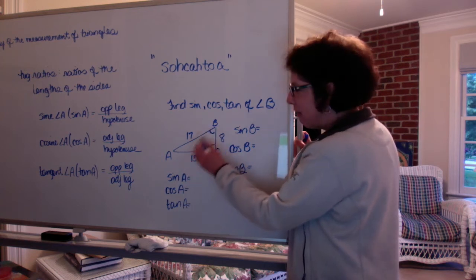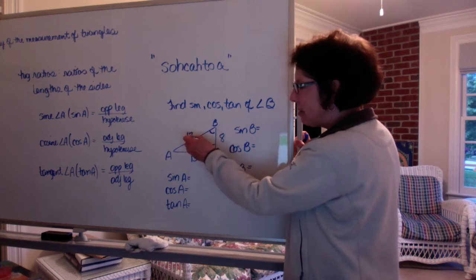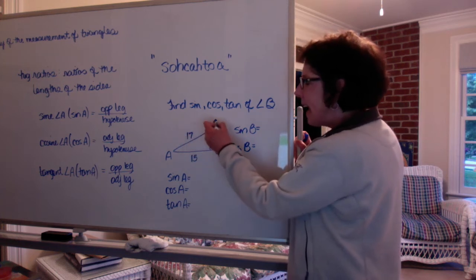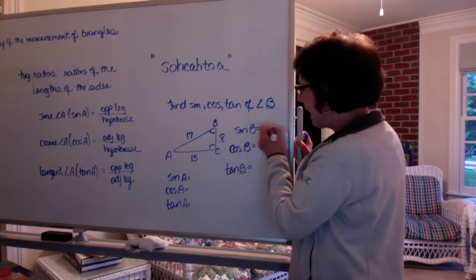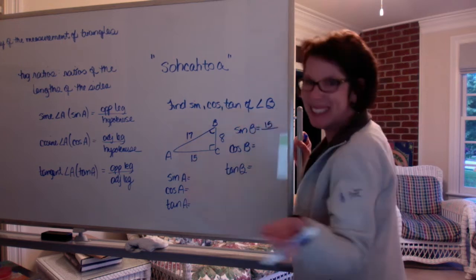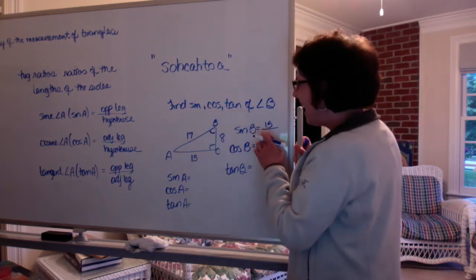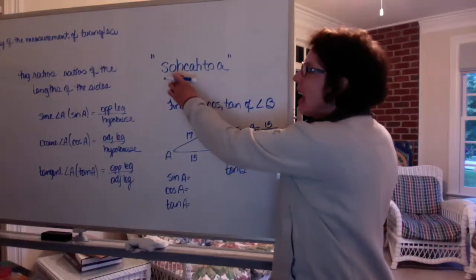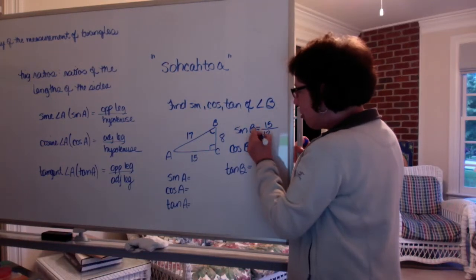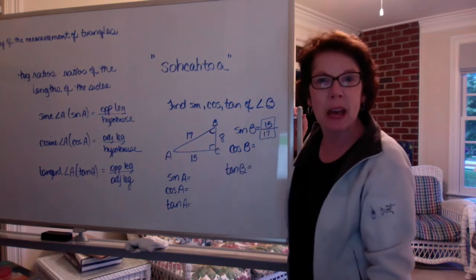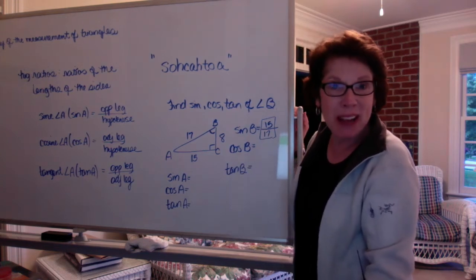Remember, I've got a leg of 15, a leg of 8, and a hypotenuse of 17. So 15 is defined to be the opposite leg, and its length is 15. And then, what is the next thing? Opposite over hypotenuse. Well, the hypotenuse is 17. So the sine of angle B is 15/17. That's it. It's just the ratio, okay?